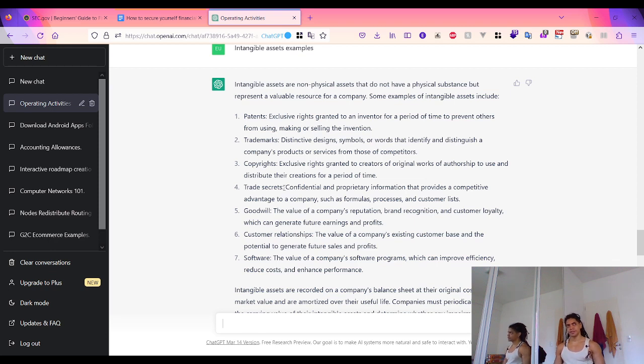So, again, this is part of the intangible assets of operating assets. You have intangible assets, whether it can be a patent, which provides exclusive right to an inventor to prevent others from using, making, or selling that invention.